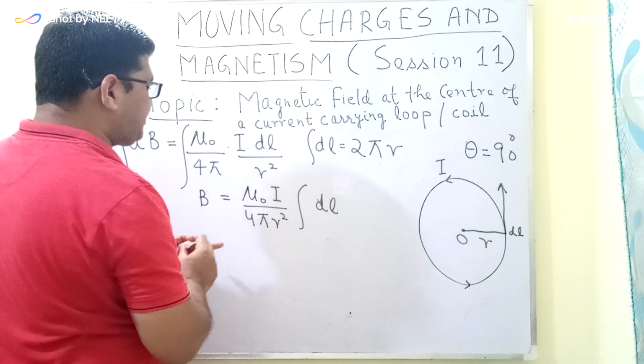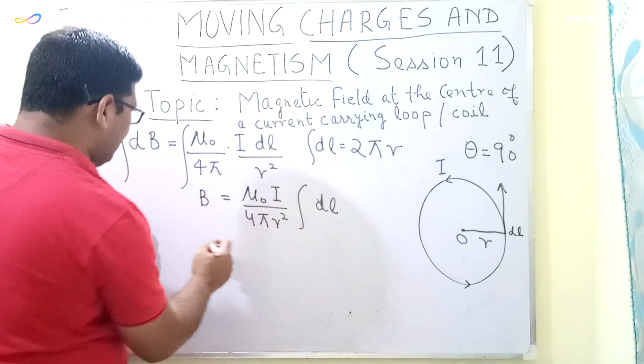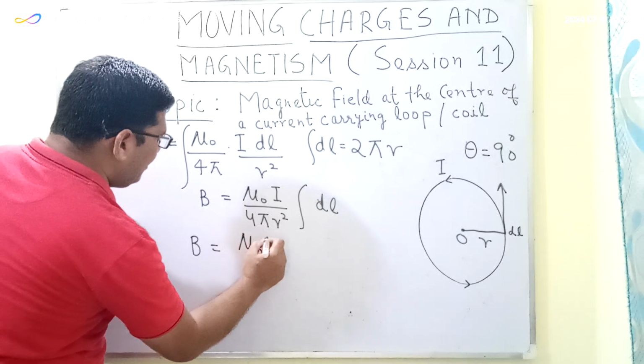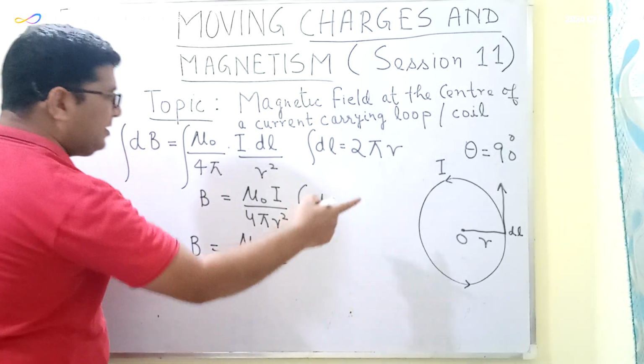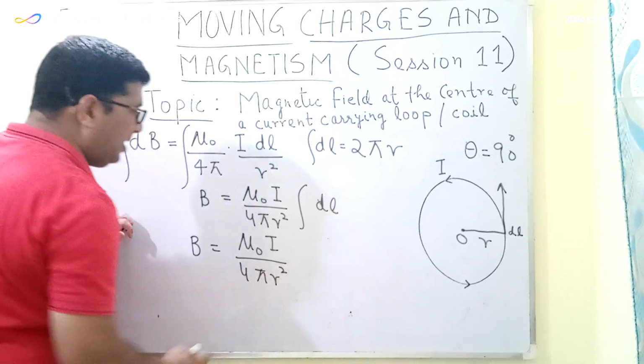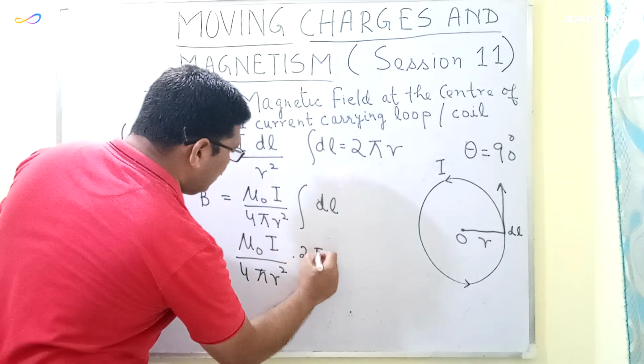I will now substitute this value in this equation, and I will get the value of the magnetic field at the center of this current carrying coil.